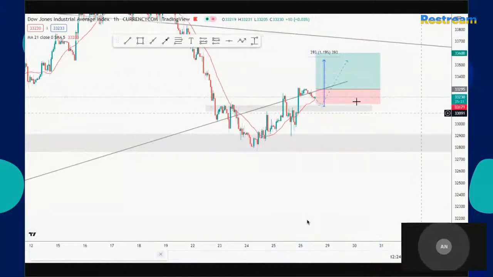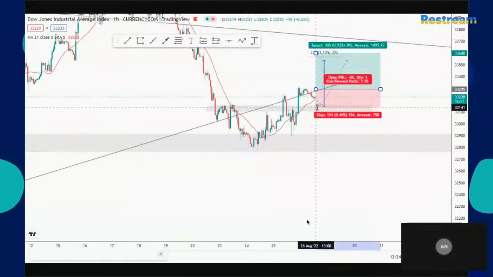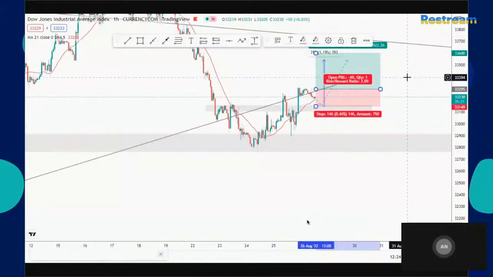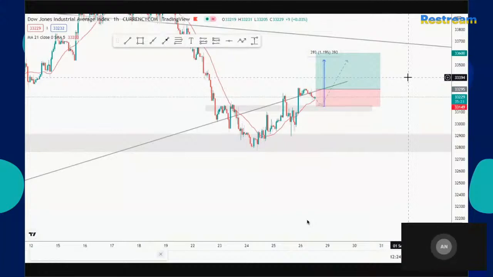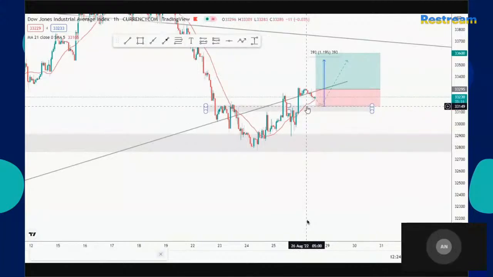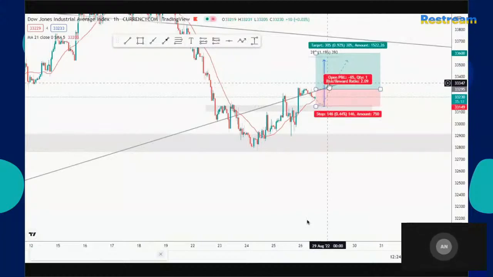Yeah, this is what I'm seeing for US 30. I'm seeing a continuing sell, but once it gets to this price, let's say 33,150, then I'll put in my price. Okay, and the reason it's at 33,295 is for what?